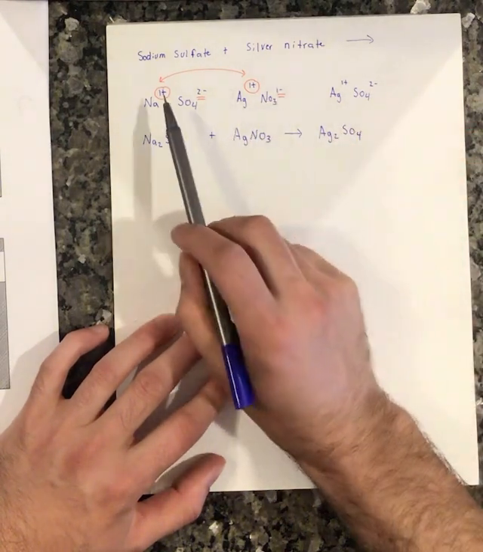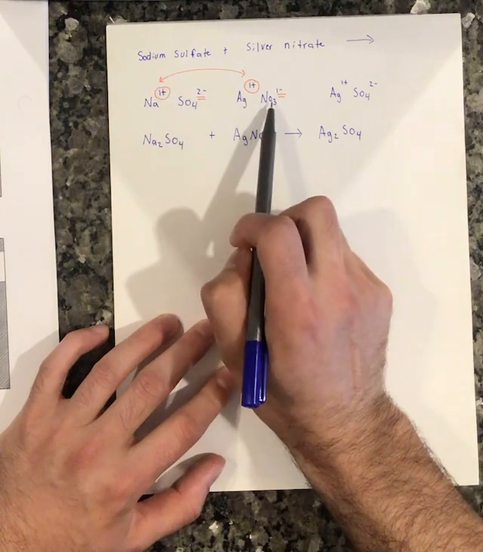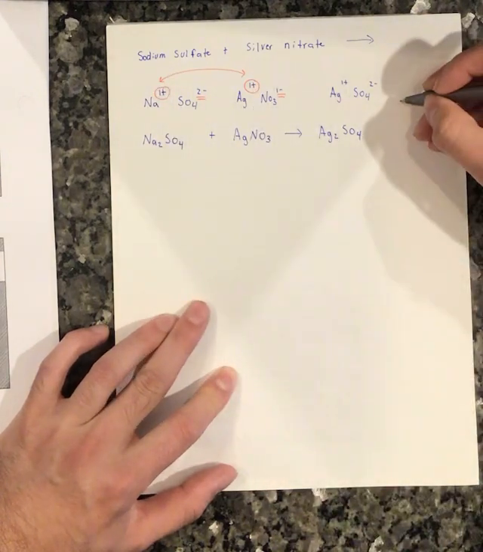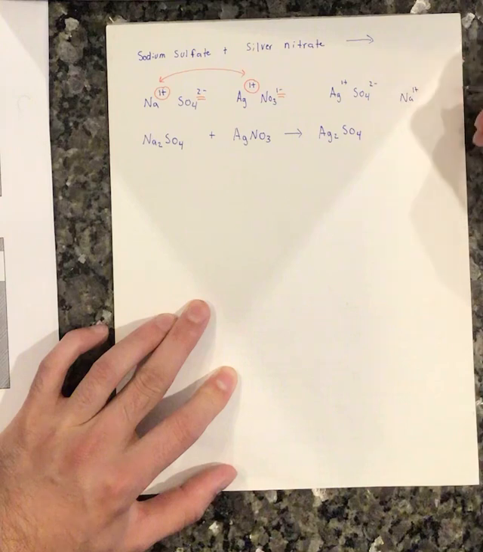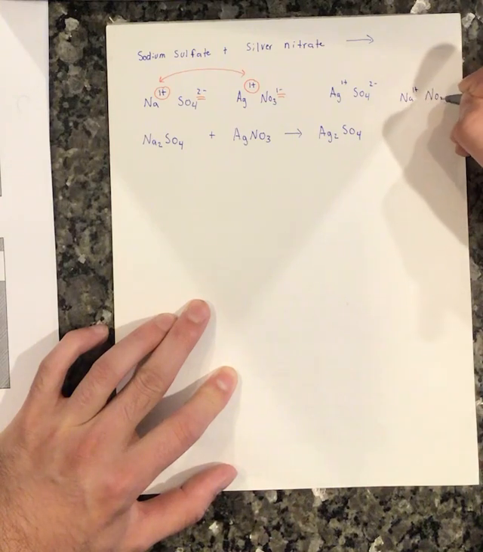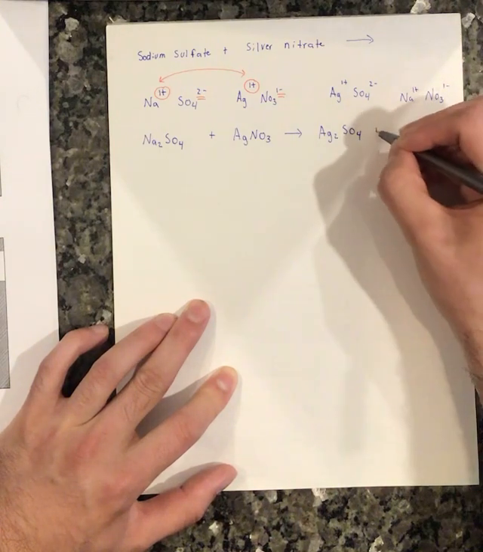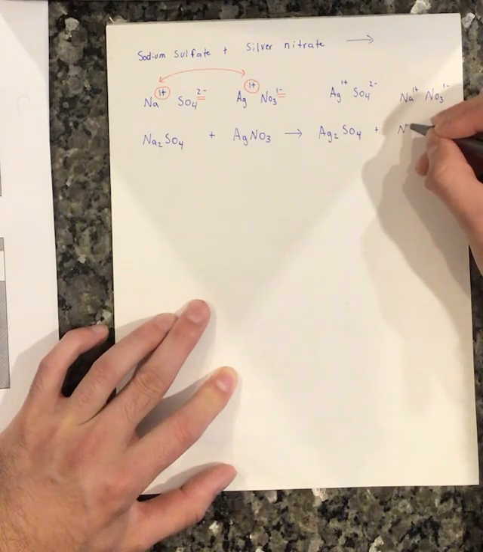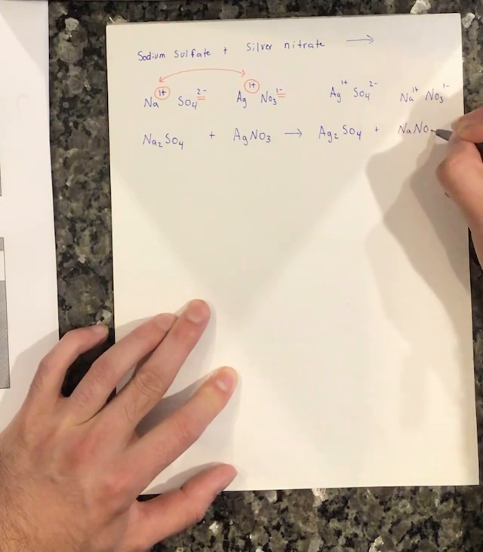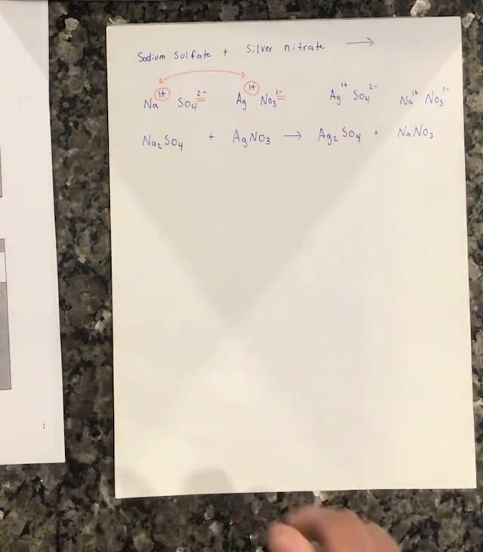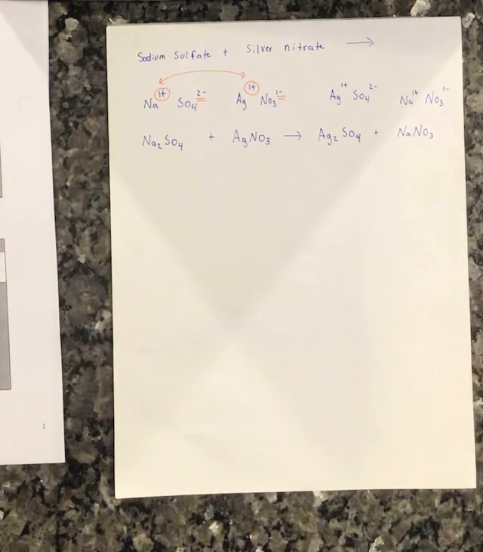On the opposite side, sodium is now going to be mixing with our nitrate. So we have sodium, which is still a 1+, and our nitrate, which is still a 1-. So we would get sodium nitrate. And this is our process of doing a double displacement reaction.